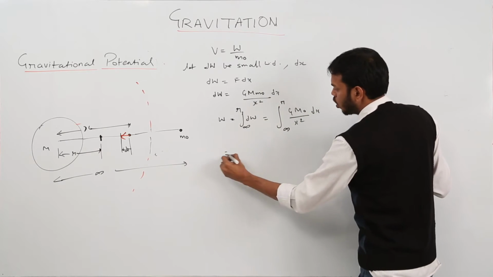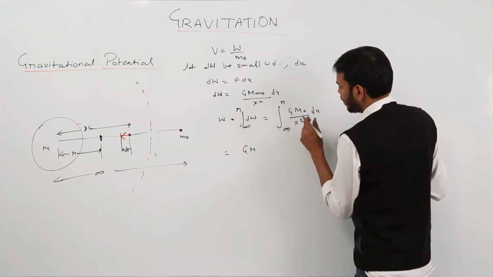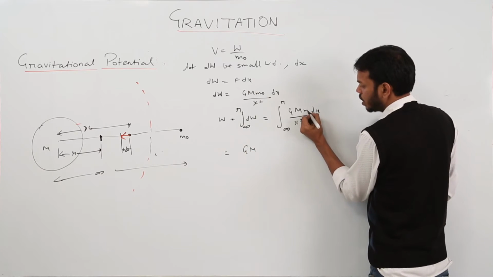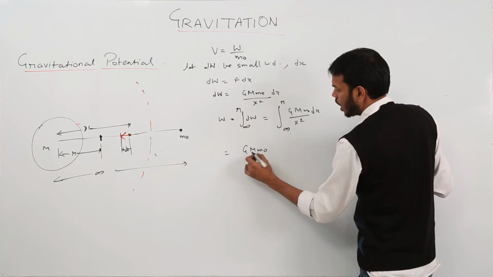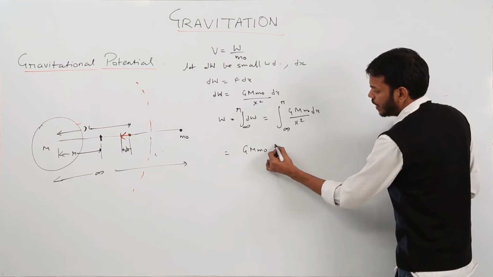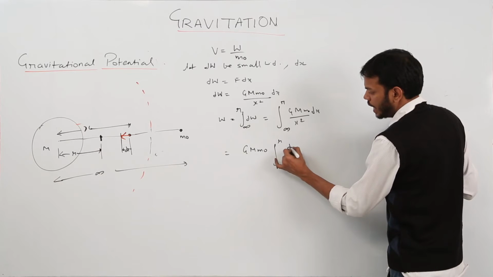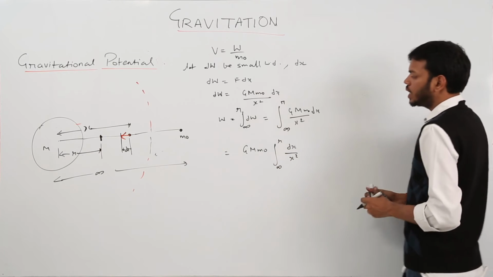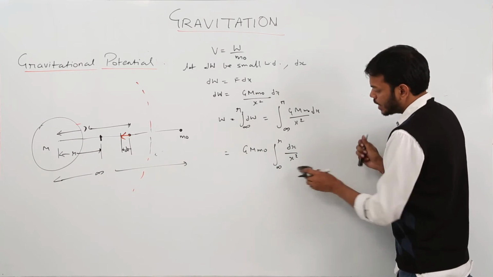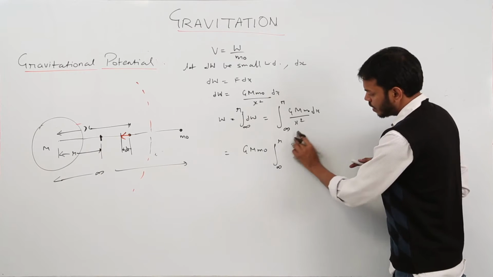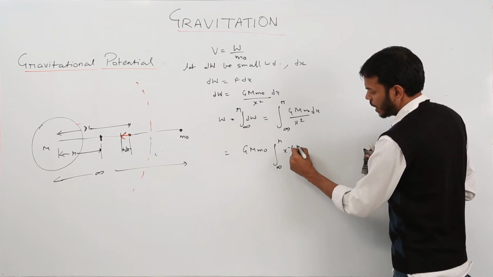Take all the constants out of the integration, including m0. We are left with the integration of dx over x squared, which is x raised to power minus 2 dx.